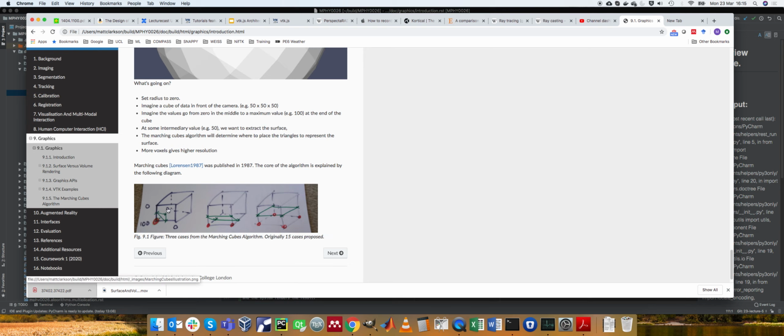So you take a position in your volume and you look for the 8 voxel values, or the intensity values, at your neighbours. Essentially you just need 8 voxels next to each other arranged in a cube.